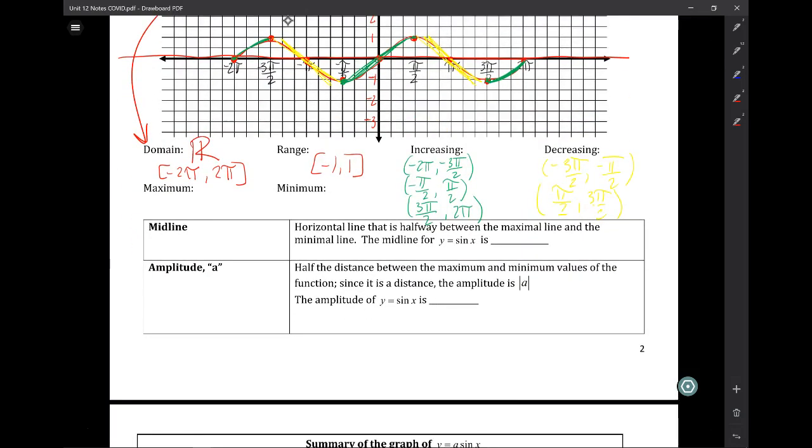That horizontal line that is halfway between the max and the min is called the midline. And usually it is y equals 0 because remember, horizontal, y equals. Eventually, however, the midline is going to move either up or down, so it's going to be y equals a specific number, but we're going to focus on that more next time.